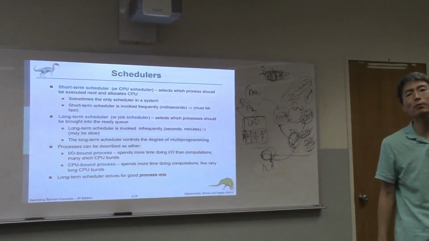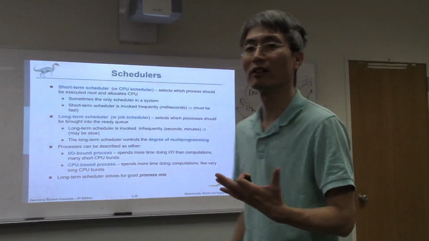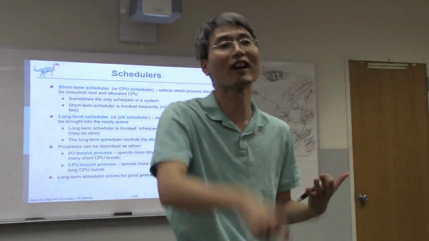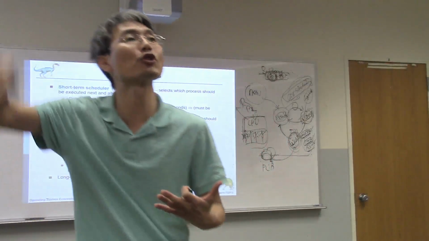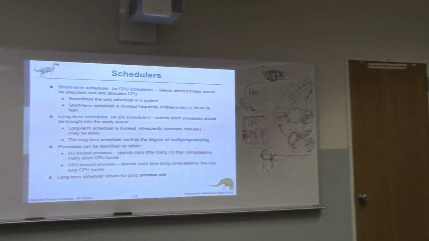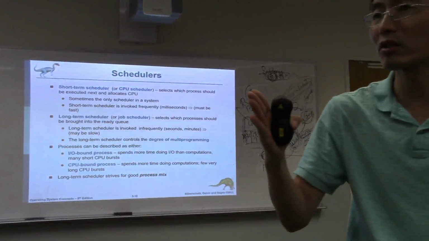Think about the CPU speed. 2.0 gigahertz means what? 2 giga CPU cycles per second. In one cycle, you can process one set of instruction. Sometimes one instruction needs 2 or 3 cycles. Let's say on average one instruction needs 2 cycles.